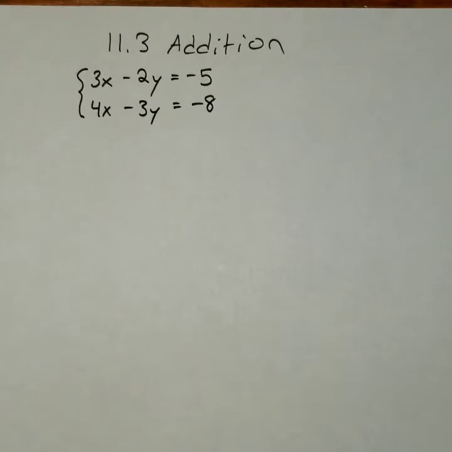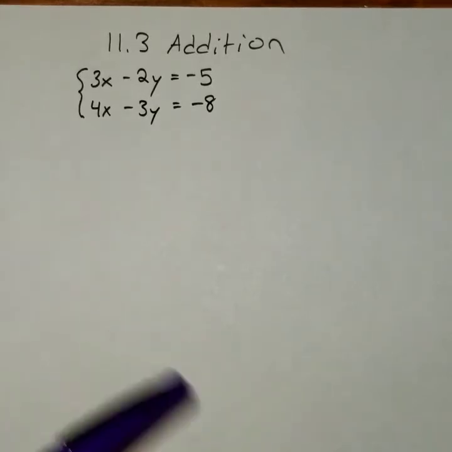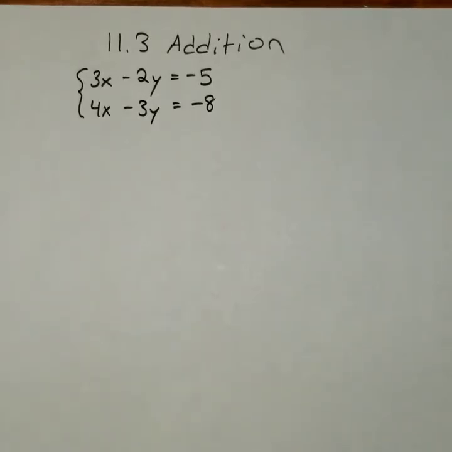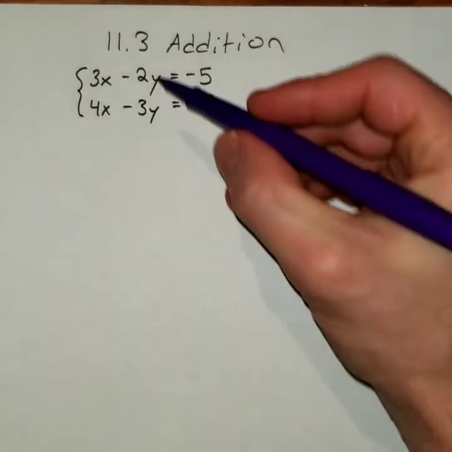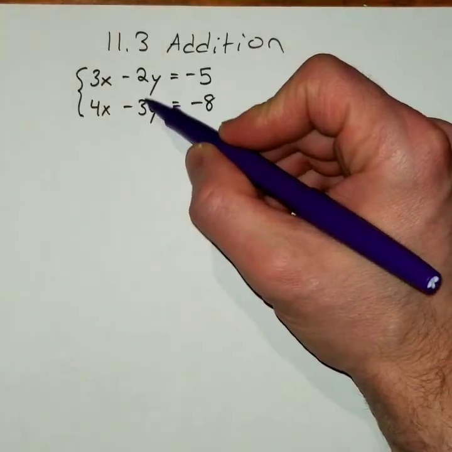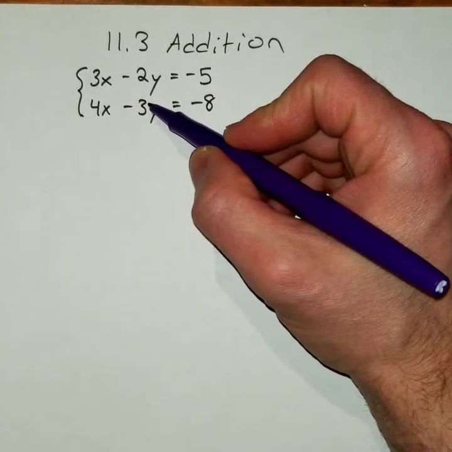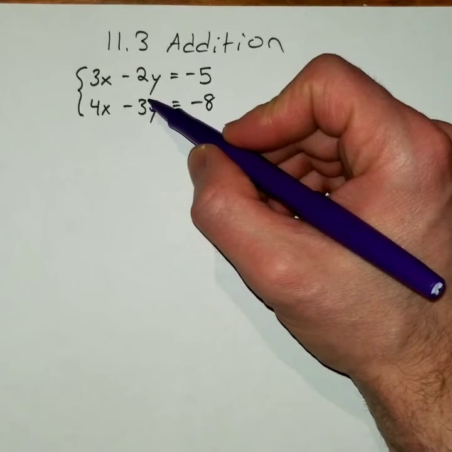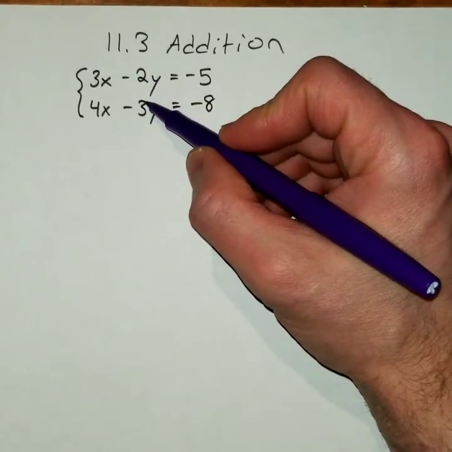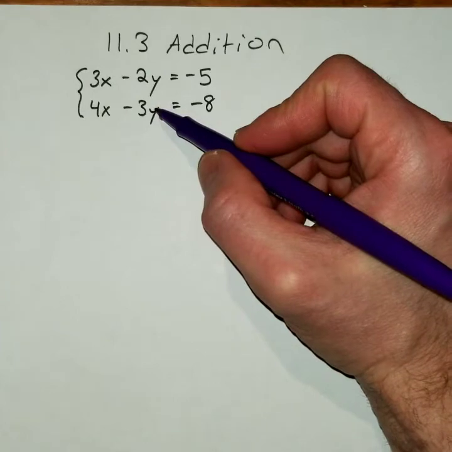And so there are many times like this where you have to multiply both equations and build them up to an LCM, a least common multiple, similar to the least common denominator idea. Let's look at the 2 and the 3s, the numbers are smaller. The least common multiple for 2 and 3 is 6.